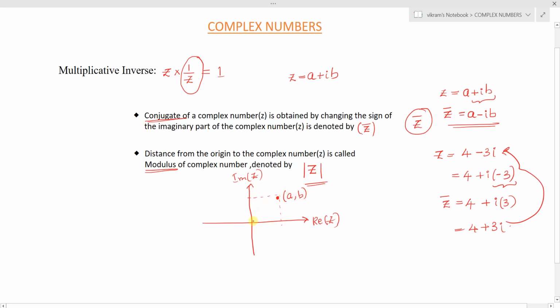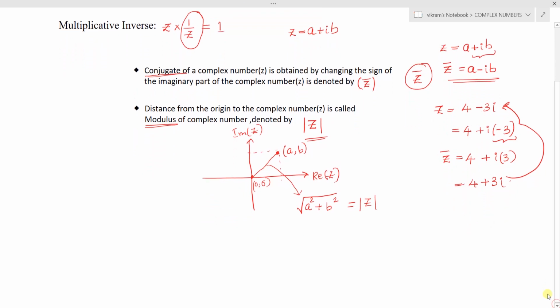The distance from the origin, which is 0 comma 0, to the point a comma b is simply the square root of a square plus b square, which equals the modulus of the complex number.